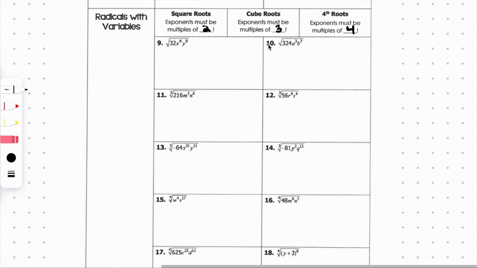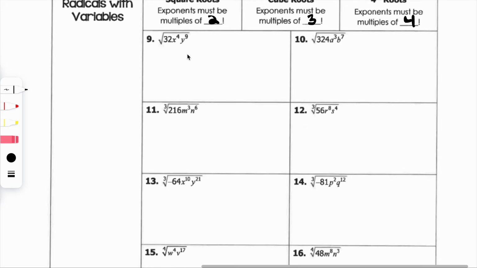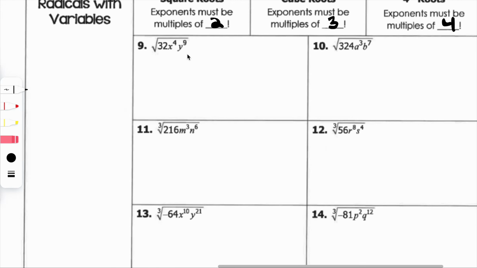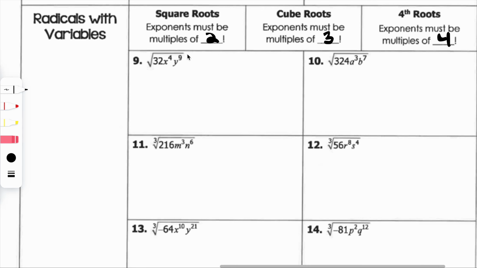And you're going to see what I mean here in a second. Okay, so now that we've introduced variables, everything is pretty much going to stay the same, at least with the constant part of it, this coefficient.